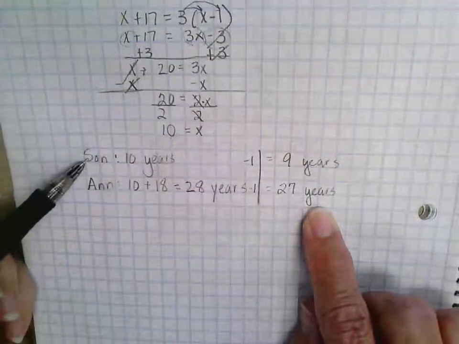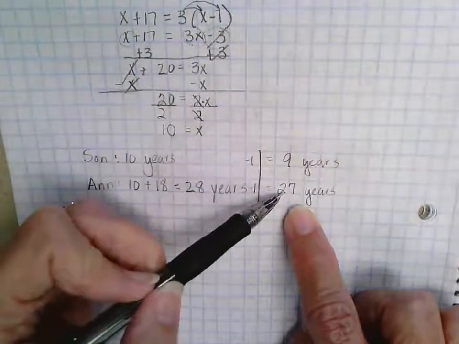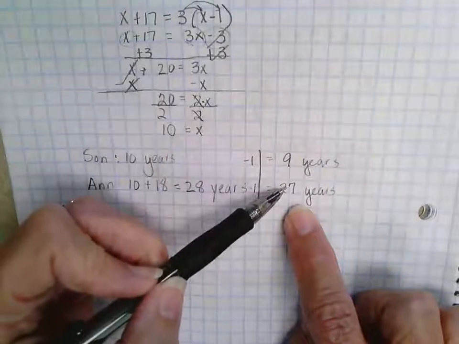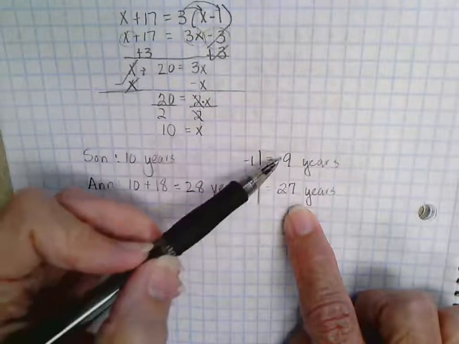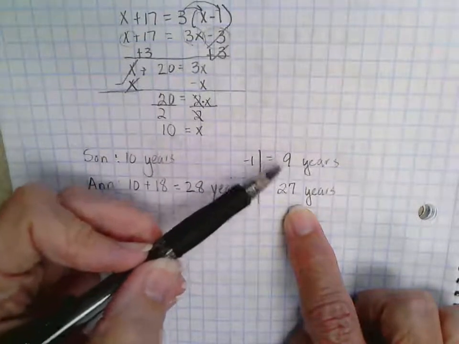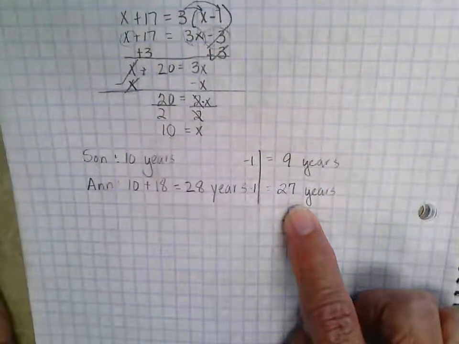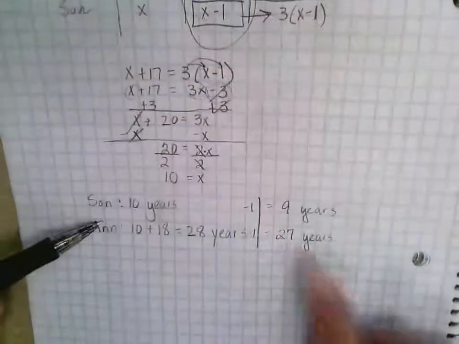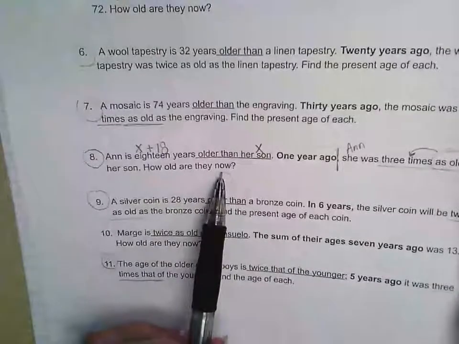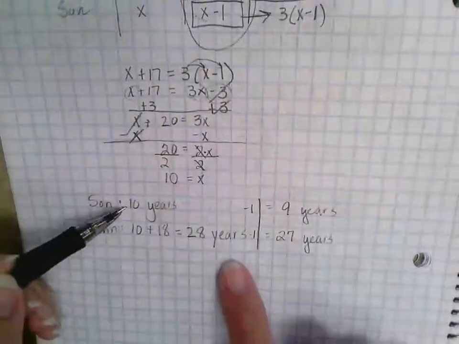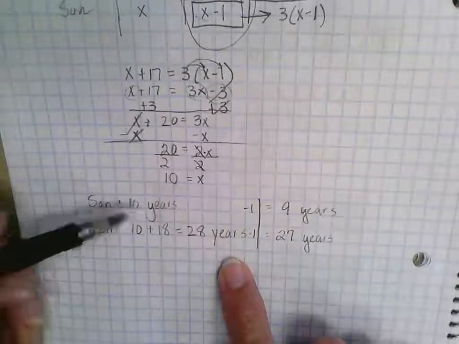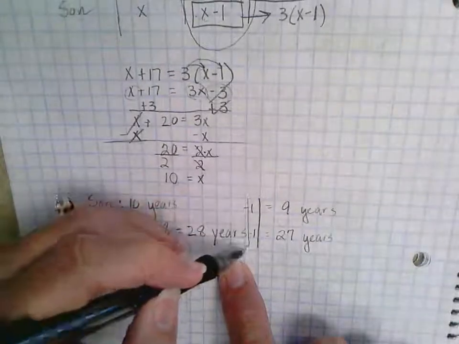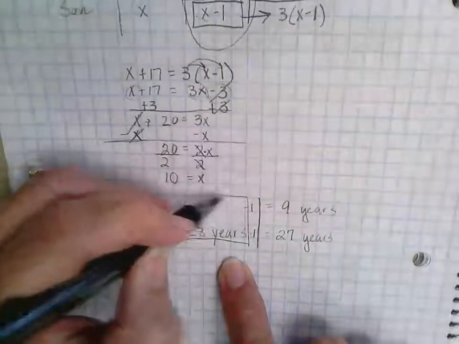And I can see that Anne is 3 times the son's age. The son is 9, and 9 times 3 does equal 27. So it looks like my answer for this problem, they want to know how old are they now. It looks like now the son is 10 and Anne is 28.